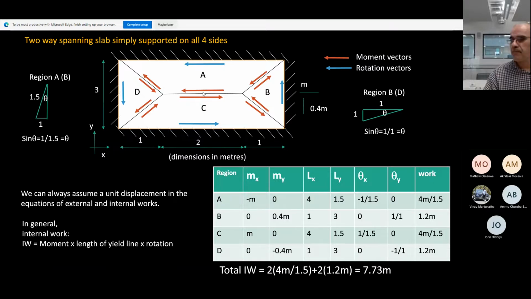Negative. Okay, good. Now, when you project this one on the x-axis, it's m. These are given. In the x direction, we have m, and in the y direction it is 0.4m. The moment of resistance in the x direction is given to us as m, and for this slab the moment of resistance in the y direction is 0.4m.